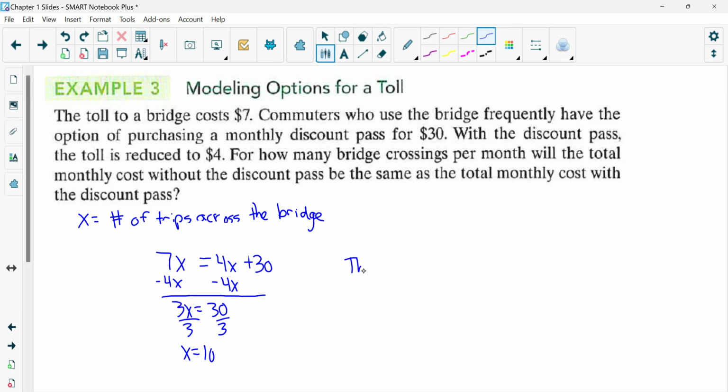So we can say the discount price and the regular price cost the same at 10 trips.